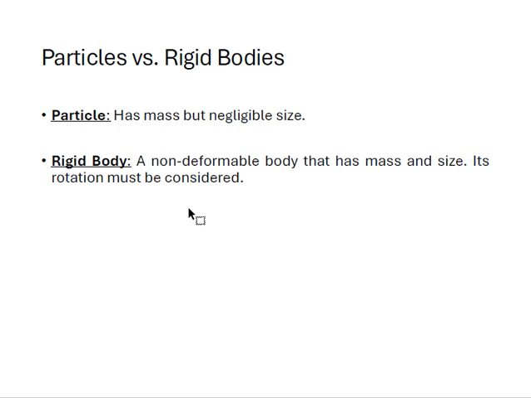We've got tiny little things and we've got things with a noticeable body. So that's the first differentiation of objects into two major categories.